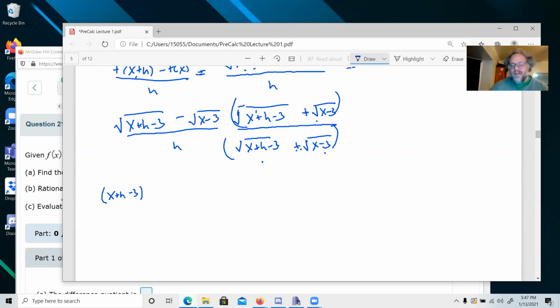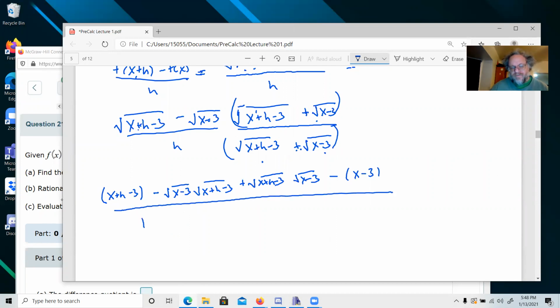When I multiply these together, we have a minus the square root of x minus 3 times the square root of x plus h minus 3. And on this one we have a plus, the square root of x plus h minus 3 times the square root of x minus 3. And the last one we have a minus, because minus times a plus is a minus, and we have x minus 3. And on the bottom, there's stuff.